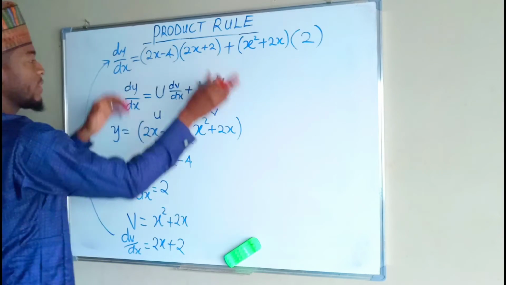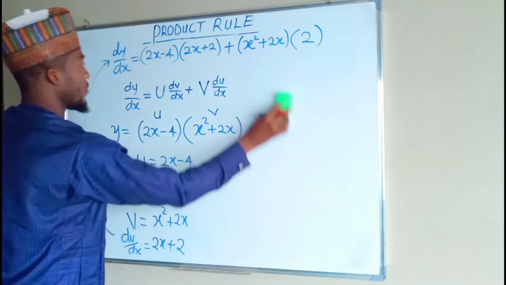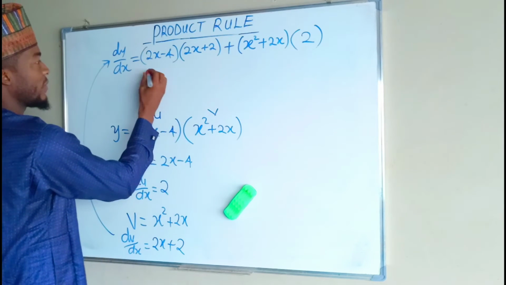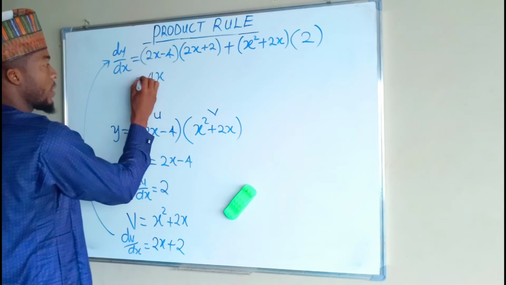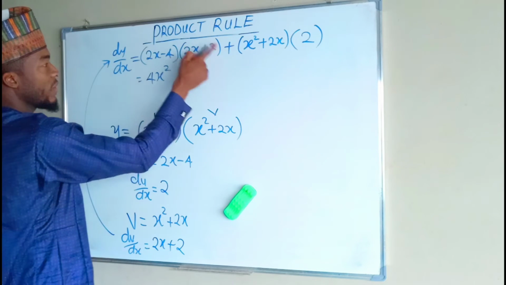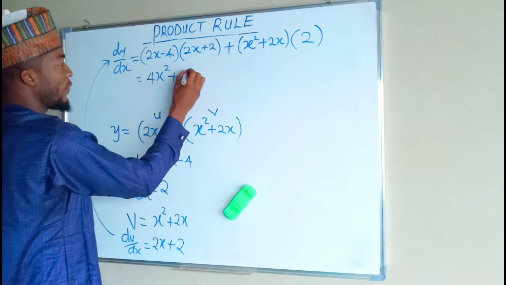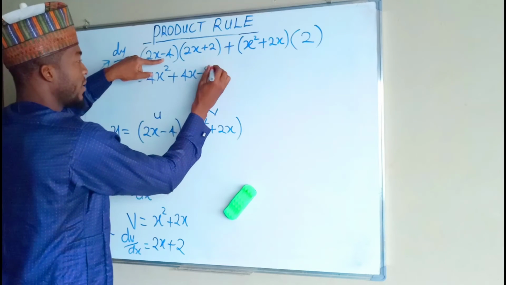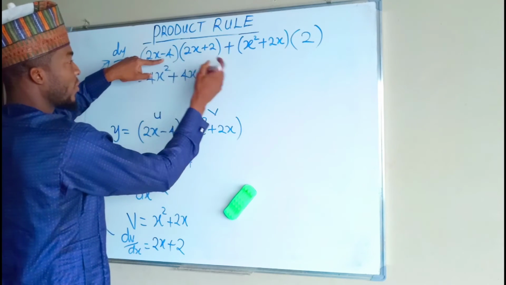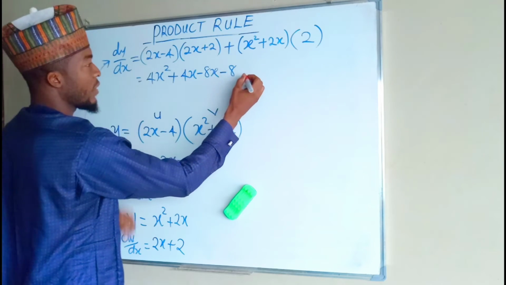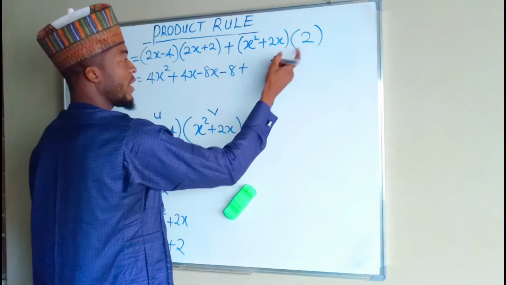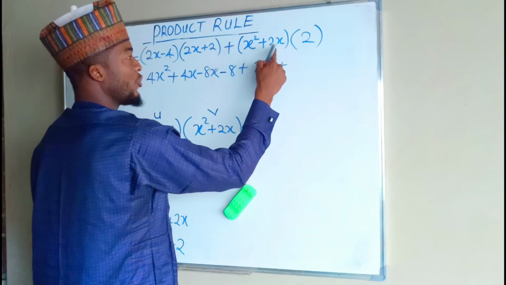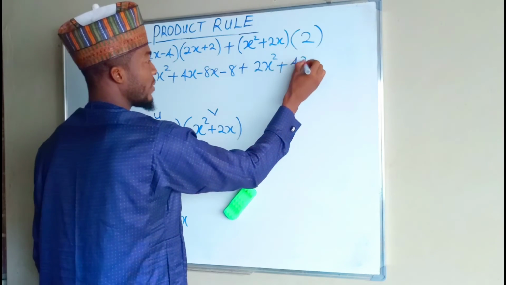Now let us expand each of these brackets. 2x times 2x is 4x squared, 2x times 2 is 4x. Minus 4 times 2x is minus 8x. Minus 4 times 2 is minus 8. Then plus x squared times 2 is 2x squared, plus 2x times 2 is 4x.